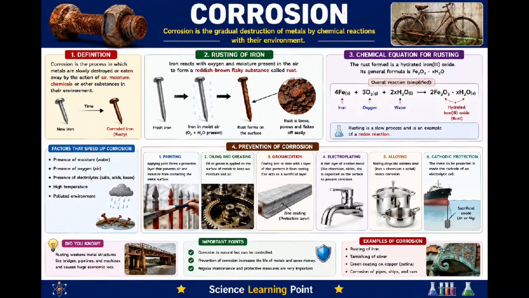So let's remember, corrosion means slow damage of a metal due to its surroundings. Rusting is the common example of corrosion, and we can prevent corrosion by using paint, oil, galvanization, electroplating and alloying.